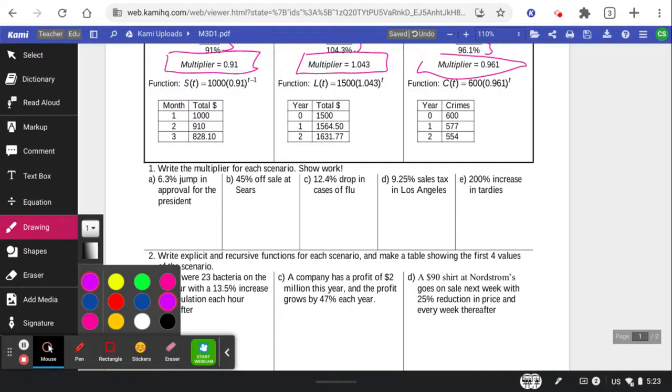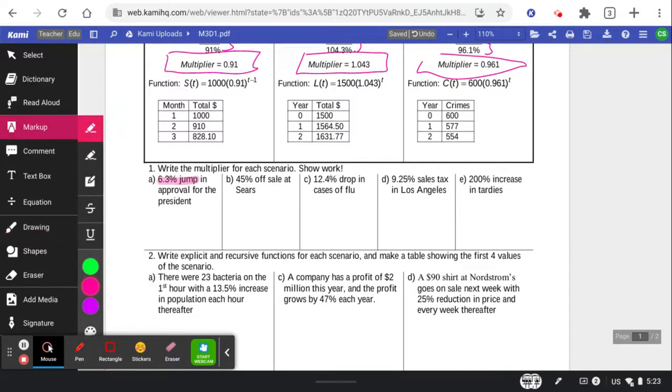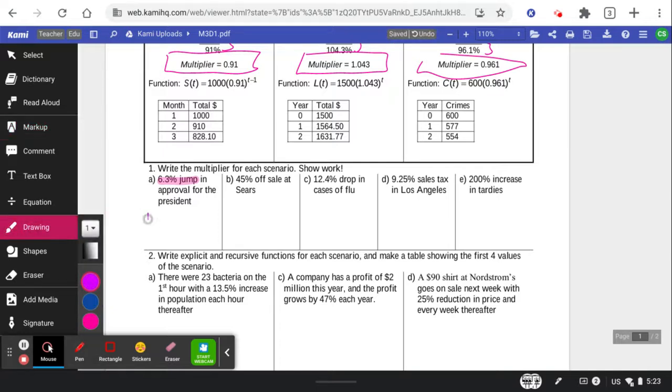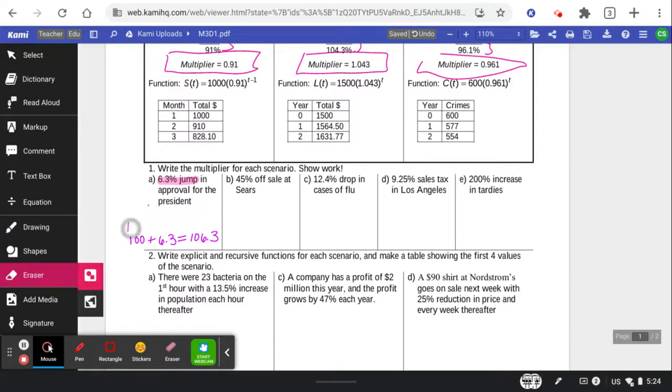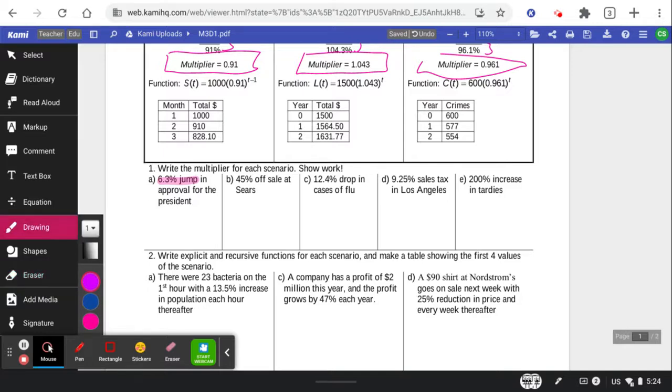So saying a 6.3 jump in the approval for the president, you have to know that the word jump means that this is an increase. A jump is an increase in the approval. So we would use the 100 plus rate formula, which in this case is 100 plus 6.3, which is 106.3. But then we convert that number to a decimal by moving the decimal 2 times so we can get our decimal multiplier. Hang on, I was a little bit out of space here.